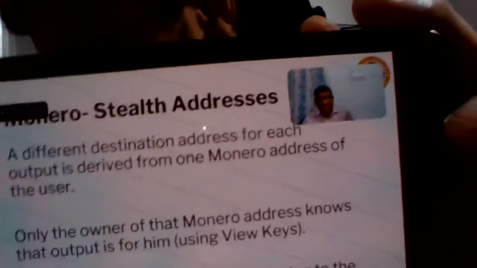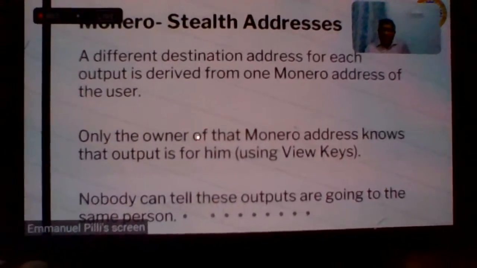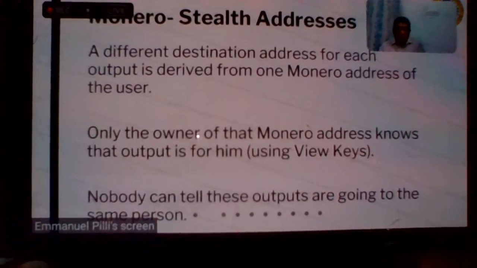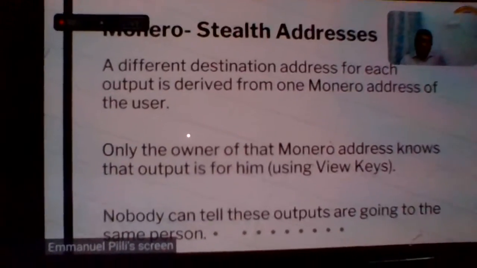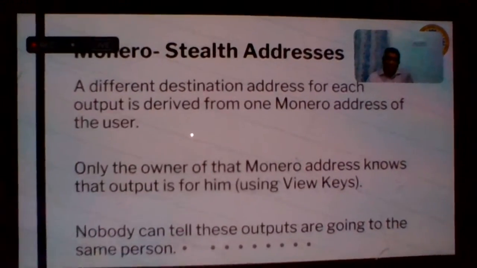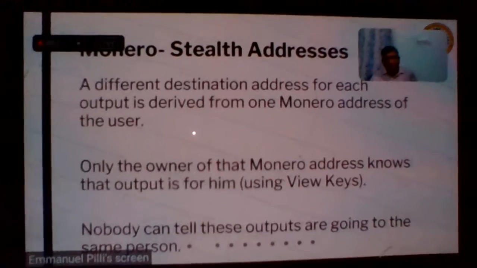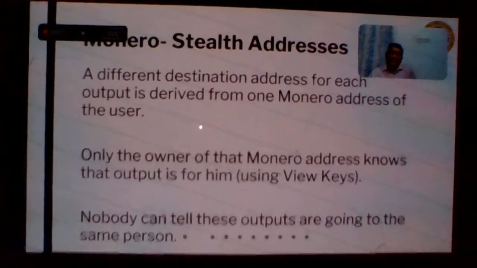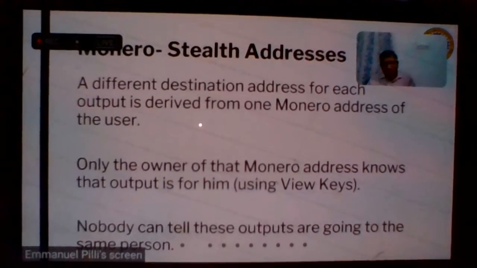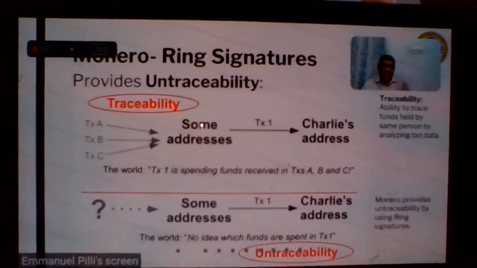A different destination address for each output is derived from one Monero address of the user. Only the owner of that Monero address knows the output is for him, because he has the view keys, the private key. So nobody can tell these outputs are going to the same person. So you are trying to build privacy into an already very anonymous blockchain. That is an advantage of Monero.